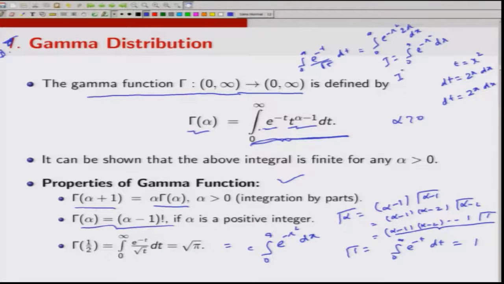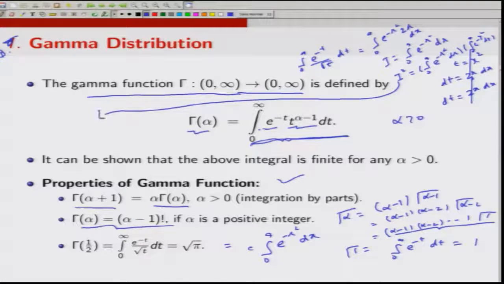If one looks at I square, this is the same as integral 0 to infinity e to power minus x square dx multiplied by integral 0 to infinity e to power minus y square dy. So, I square turns out to be the double integral 0 to infinity e to power minus x square plus y square dx dy.